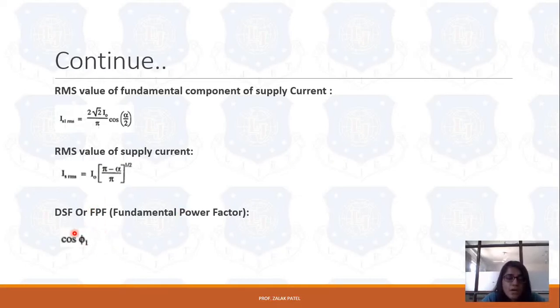Here also it is denoted by cos phi, and it is called the displacement factor or fundamental power factor. This function can also be used for other analysis like harmonic analysis, reactive power calculation or true power calculation, which we will discuss later on.